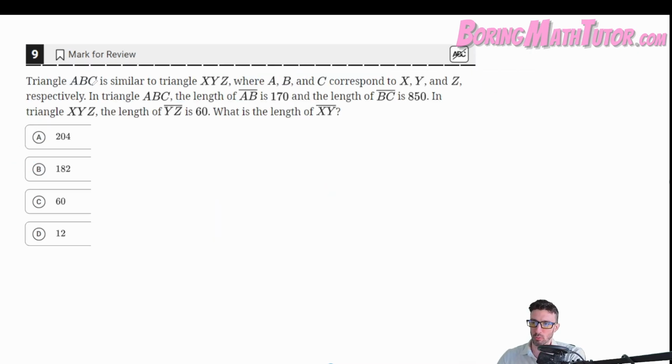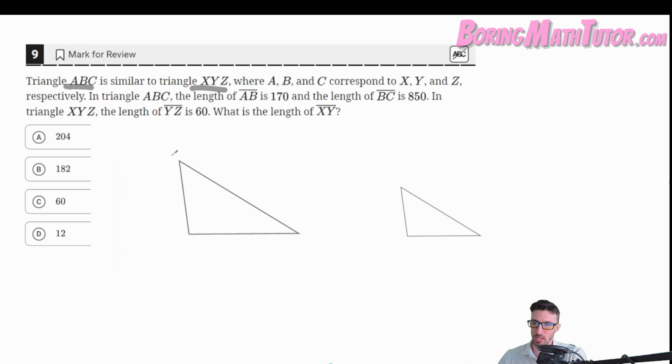First thing you gotta do when they're telling you that one triangle is similar to another triangle, you need to set up 2 triangles that look like they have the same shape but not the same size. Now you also got to figure out which one is the bigger one.